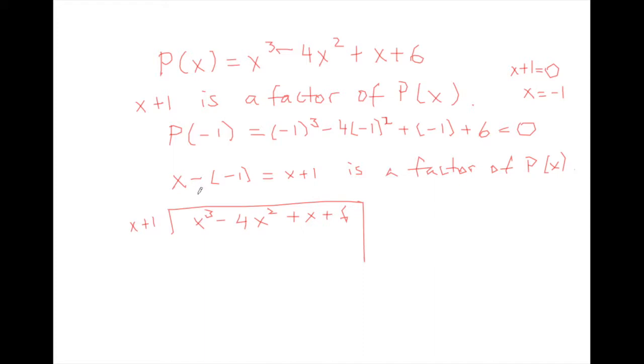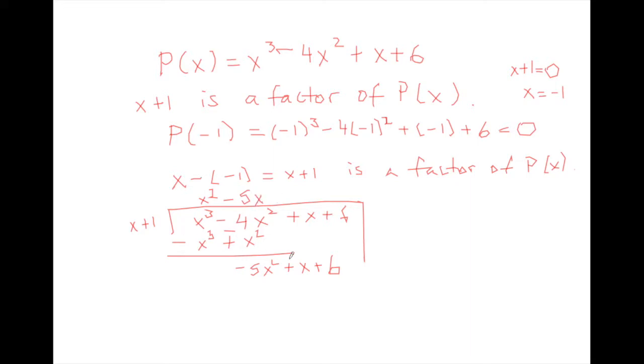Now x goes into x cubed x squared number of times. So we get x cubed plus x squared. And then we change sign and add, and we get -5x squared. And we bring down the x and the 6. Then x goes into -5x squared -5x times.